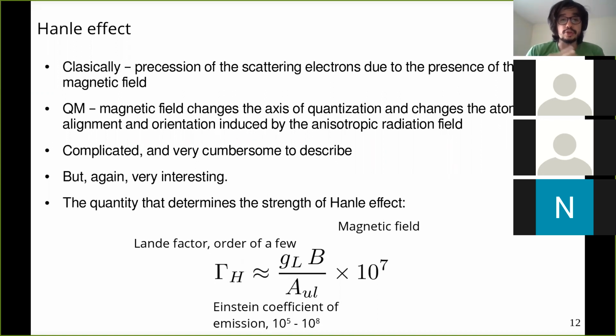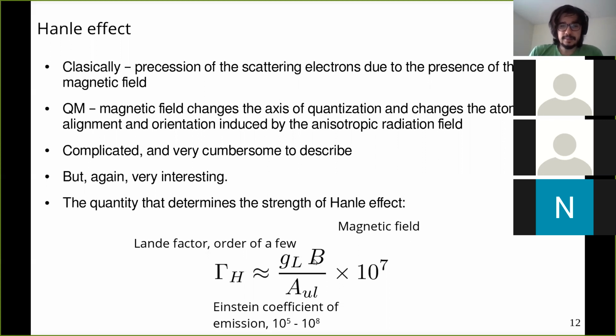And what I want you to stress here is that this quantity that we saw before now appears again. This is something that I'm going to call the Hanle parameter, gamma h. It depends on the Landé factor of the line, and we know that the Landé factors of the lines are typically of the order of 1, 1.5, 2, 2.5, so of the order of a few.